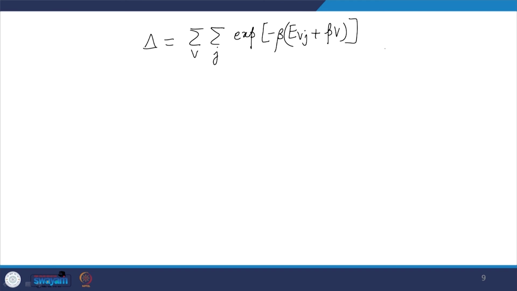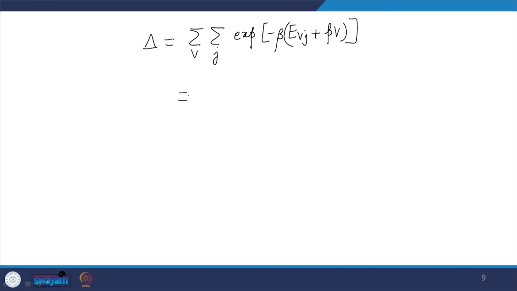And in fact, all the partition functions to that extent are also related, because I could as well have written this delta, for example, by separating the last term.